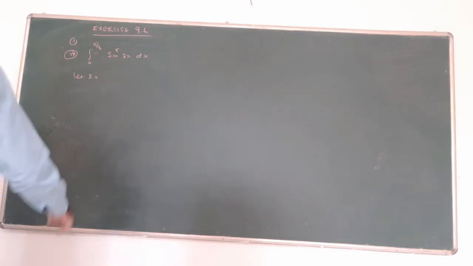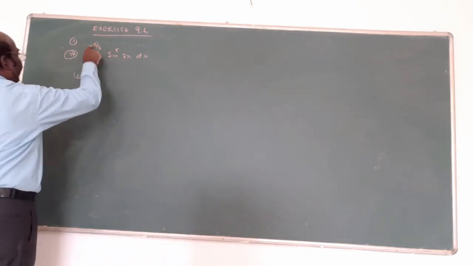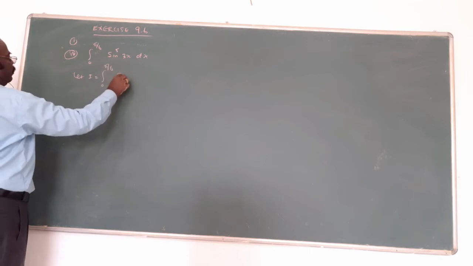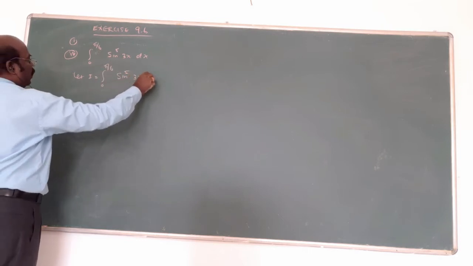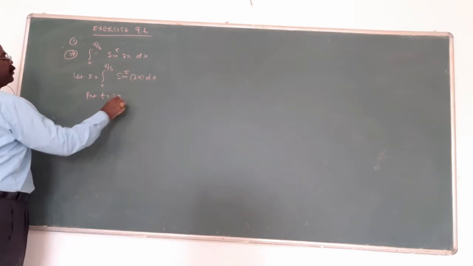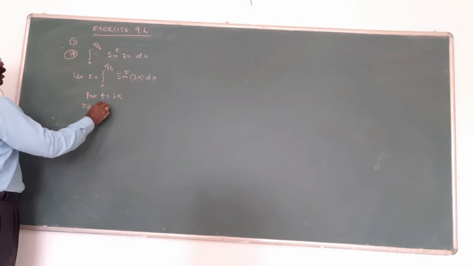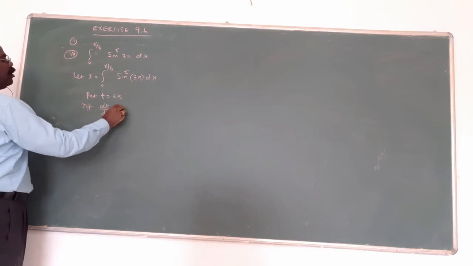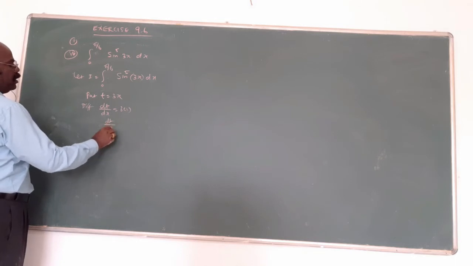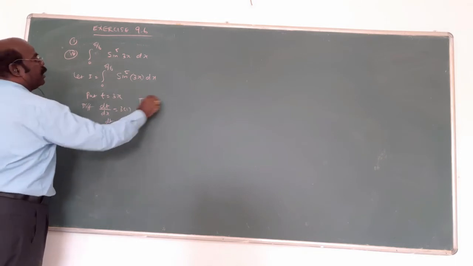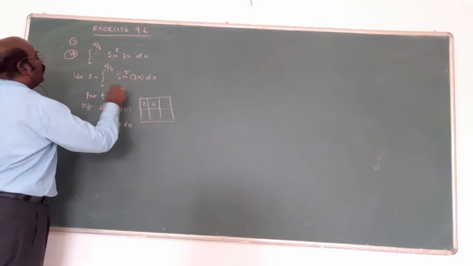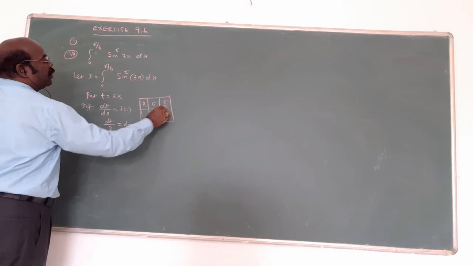Next question: 0 to pi by 6 is there, and here 3x is there. Let us assume the question is I. Put the bracket, and the inside of the bracket is t, that is 3x. Differentiating, dt by dx equals 3 into 1. Cross multiply: dt by 3 equals dx. Now change the limit. The x limit is 0 to pi by 6. What is the t limit?